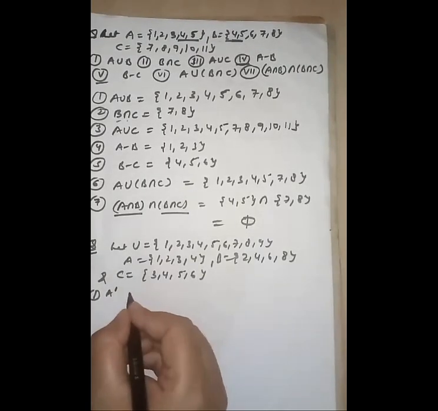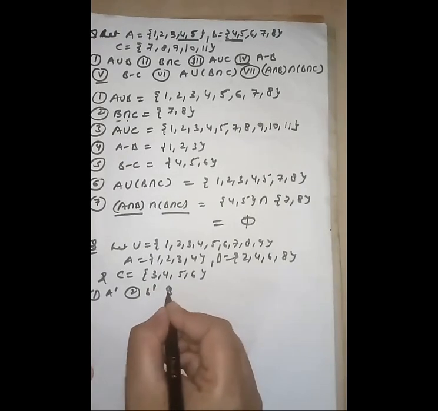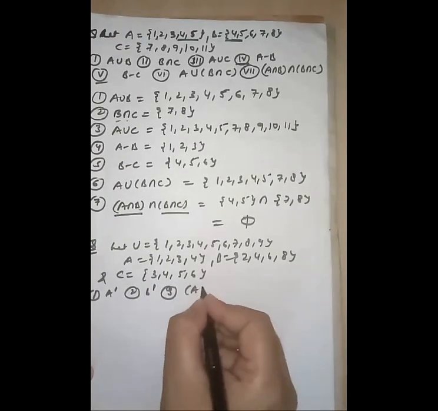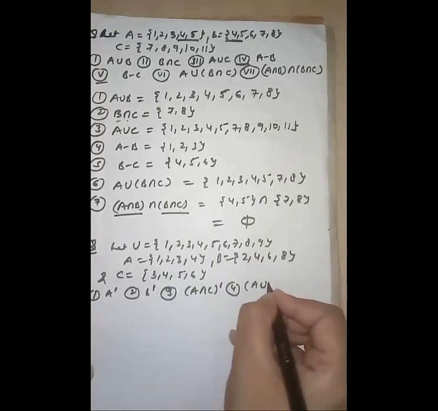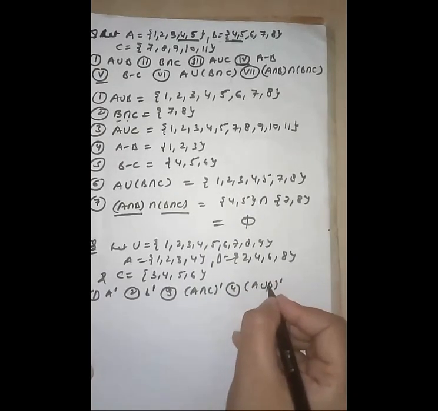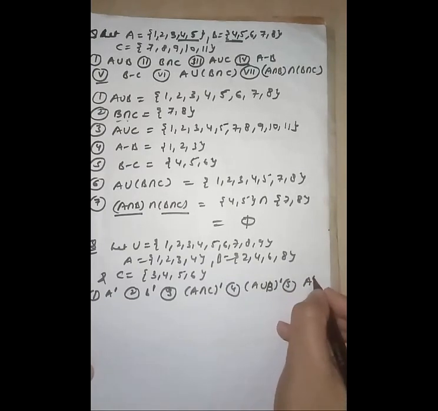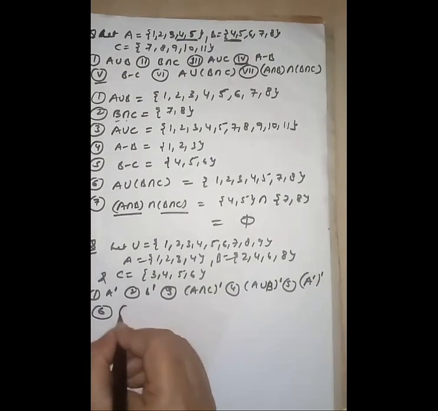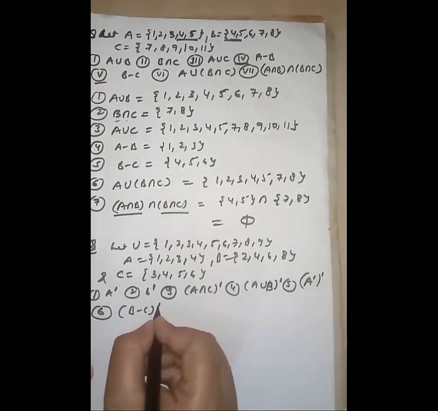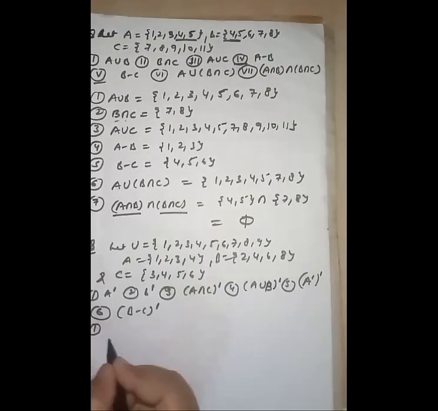Now you can find A complement, second one is B complement, third one is find A intersection C complement, fourth one is A union B complement, and fifth one is A complement of complement, and sixth one is find B minus C complement. Okay, so now find it.